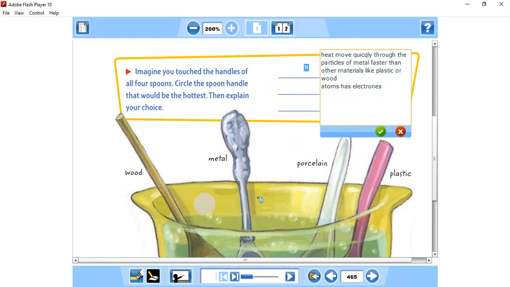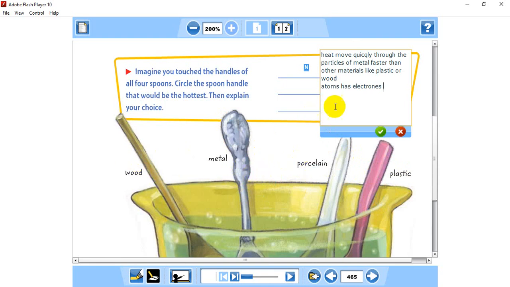Atoms, like all of them here have atoms. The atoms of the porcelain, the atoms of the plastic, or the atoms of the metal. But the atoms of the metals have different physical properties, not like the porcelain physical properties or plastic physical properties. Each kind of material here is different from the others.